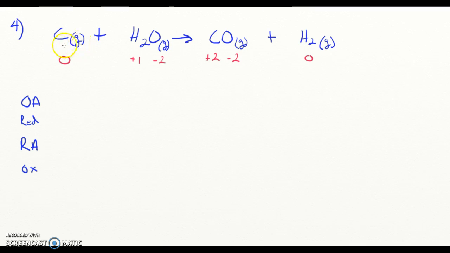Starting with carbon. Carbon goes from a 0 to a +2. Look at that. So it increases. That means it has been oxidized. So carbon right there has been oxidized. And the reducing agent just so happens to be elemental carbon as well, because it's the reactant in this particular reaction.